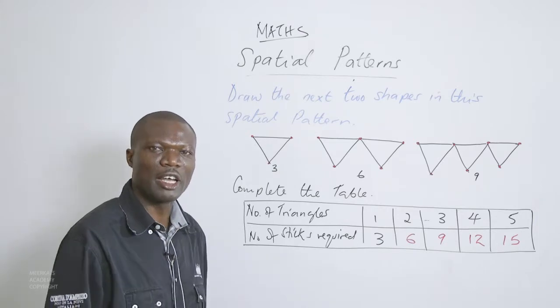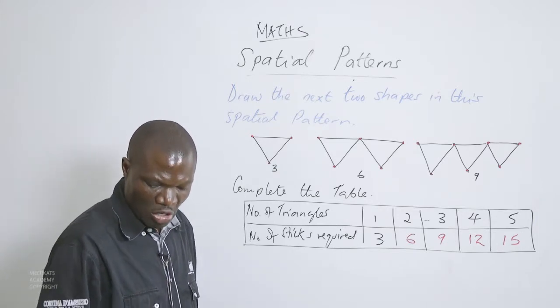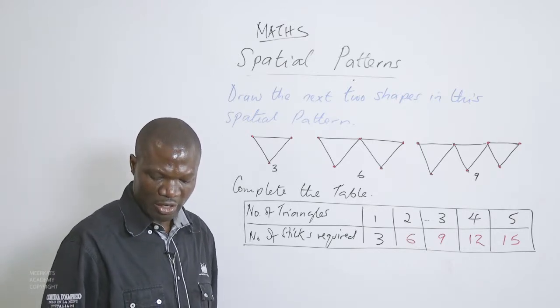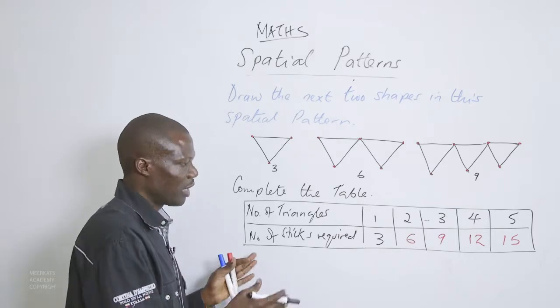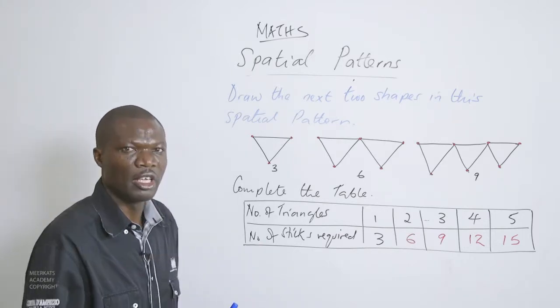How can we describe the rule? How can we describe the rule connecting number of sticks required to the number of triangles? That is a question on its own. I want you to write it down.